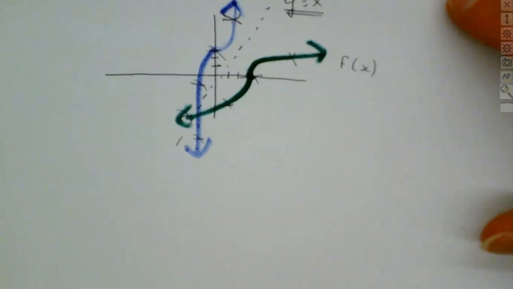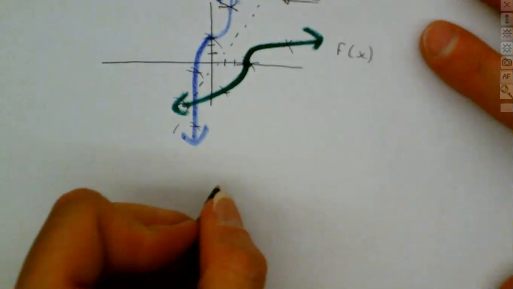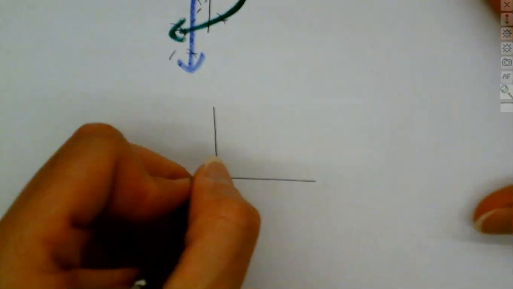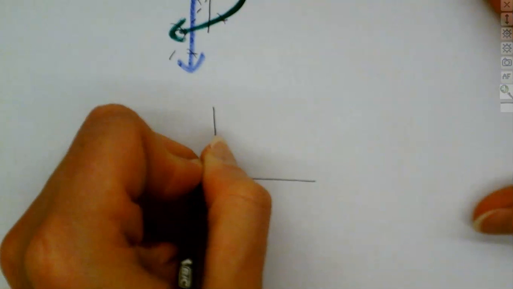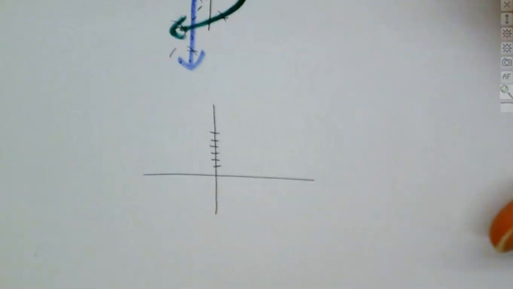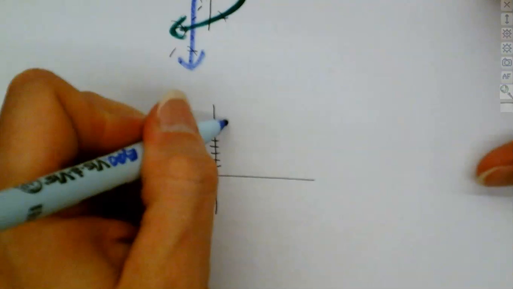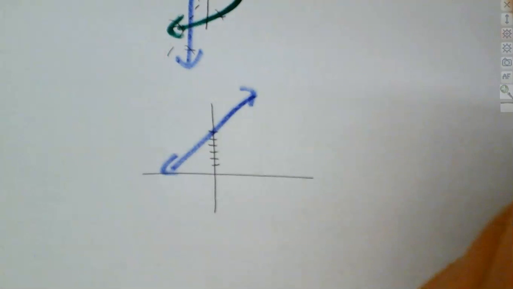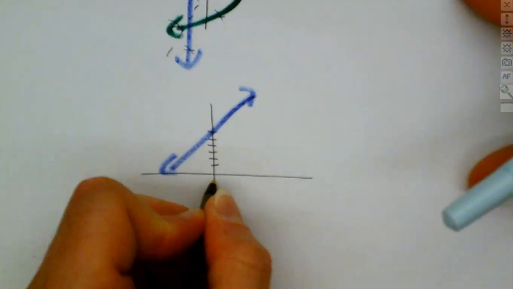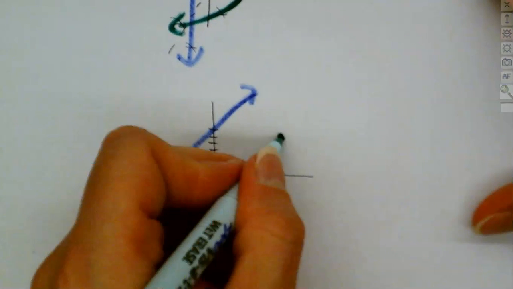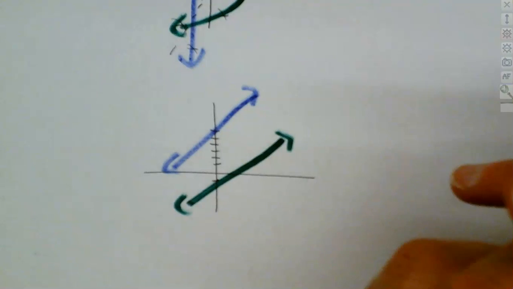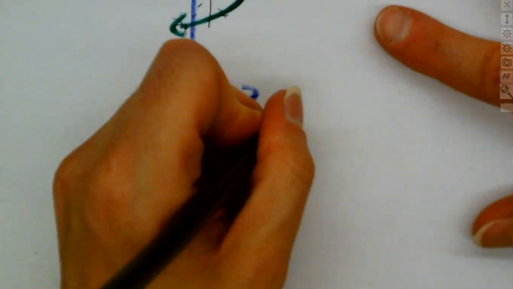Now the next one is not going to be an inverse. So let's see why this one is not an inverse. And again, I'm just trying to explain to you what an inverse is and what an inverse is not. Okay, why would this one not be an inverse?